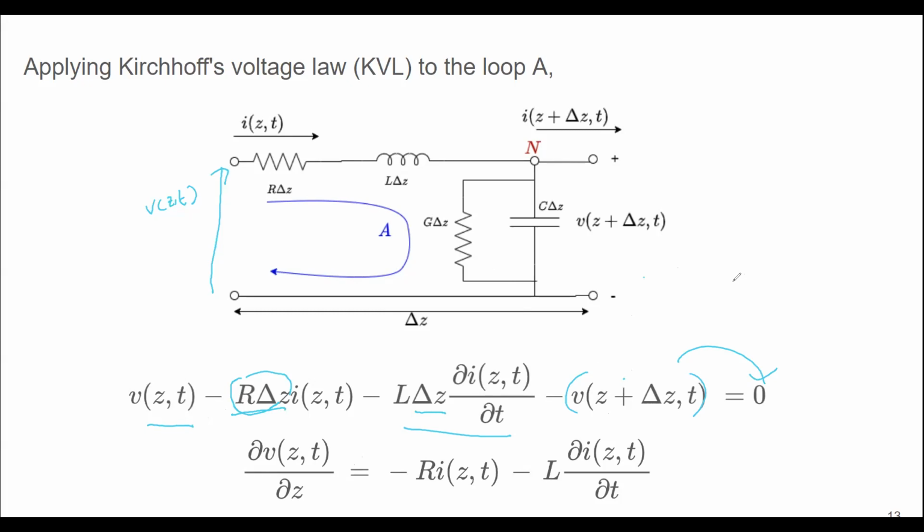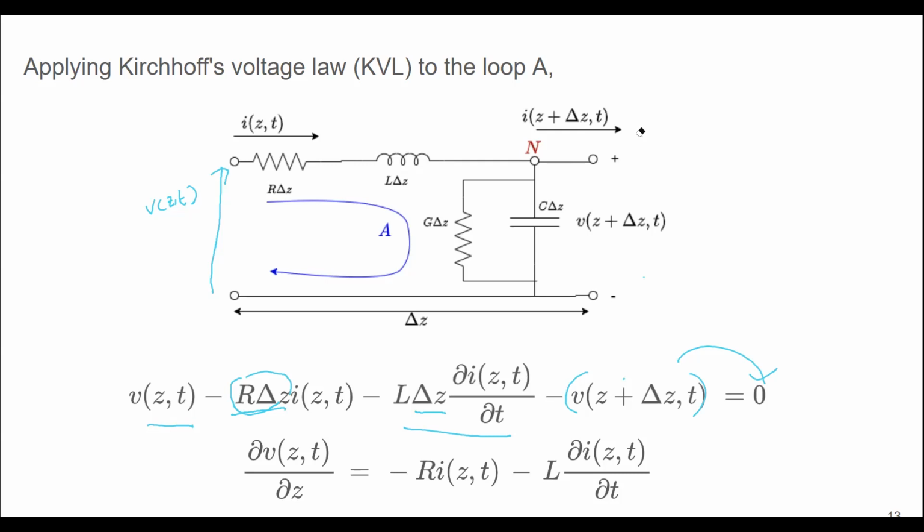So that is denoting how much the voltage is changing across the delta Z length, right? So V(z plus delta z, t) minus V(z,t) is denoting how much voltage drop is happening across the length delta Z, right?